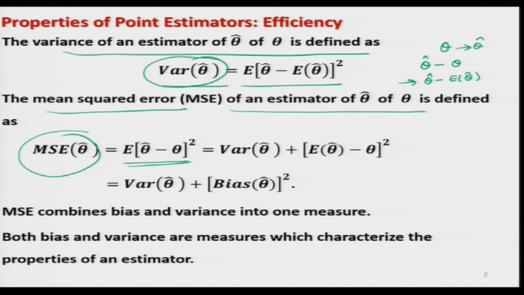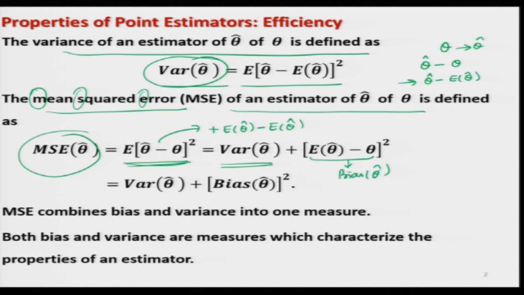Definitely when you are talking of the mean squared error, it is commonly called MSE. So, M is for mean, S is for squared, and E is for error. The MSE of theta hat is defined like this, expected value of theta hat minus theta whole square, and if you add and subtract the expected value of theta hat inside the bracket and expand it, you can write it very clearly as the variance of theta hat plus expected value of theta hat minus theta whole square, and this is nothing but the bias of theta hat.